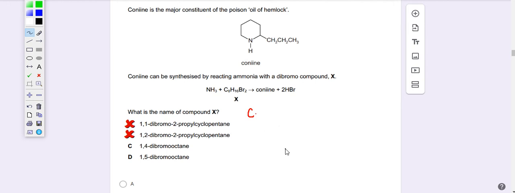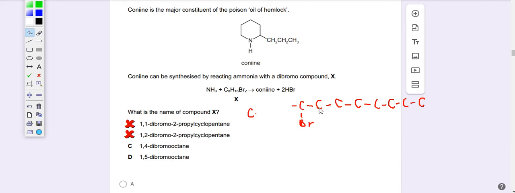1,4-dibromooctane. It's a very long molecule because octane has 8 carbons: 1, 2, 3, 4, 5, 6, 7, 8. Carbon number 1 has a bromine.